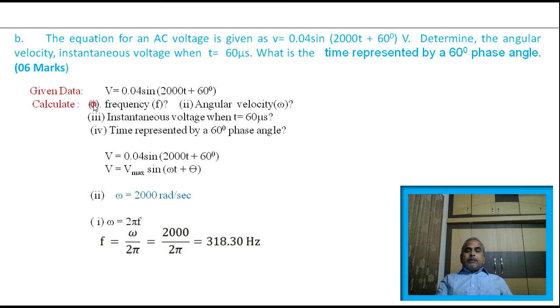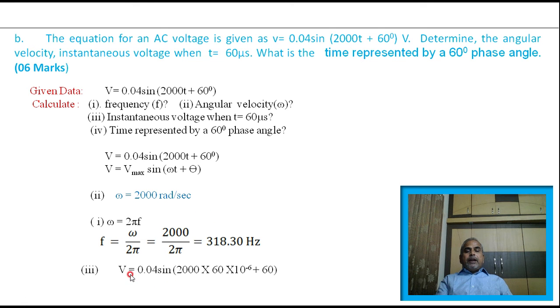Then the third thing he is asking is the instantaneous voltage when t is equal to 60 microsecond. The equation is given, then at t equal to 60 microsecond he asks what is the instantaneous voltage. You have to put t is equal to 60 microsecond and calculate the voltage.